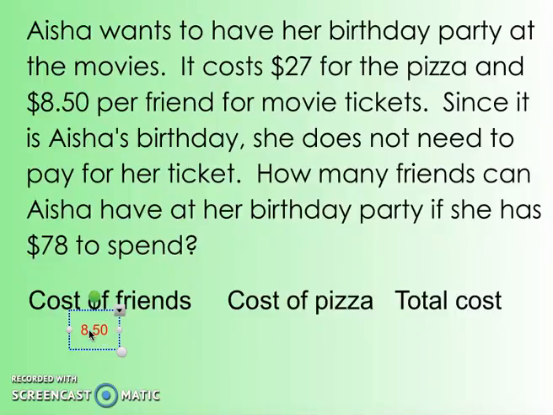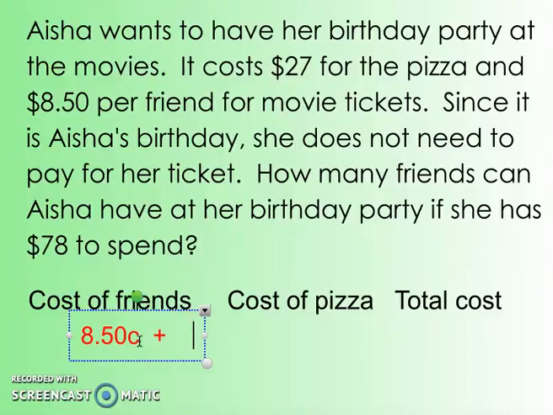Yeah, let's say C is for the cost of the movie tickets. If I take $8.50 and multiply it by the number of movie tickets, that would tell me how much it is total, with my certain number of friends. Because every single ticket is $8.50, $8.50, etc.